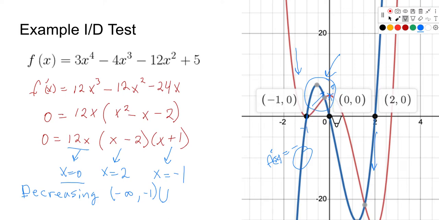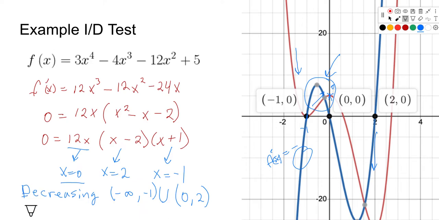We can see it's increasing here, but from 0 all the way to 2, the derivative is negative. So sometimes it's a little easier to see that from 0 to 2 the derivative is negative, so we're going to have decreasing, and then that's it, because from 2 on the derivative is always positive.